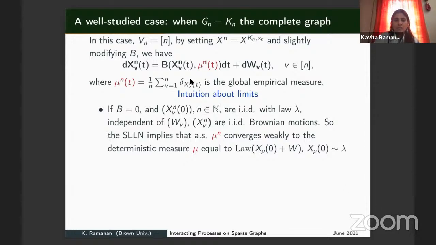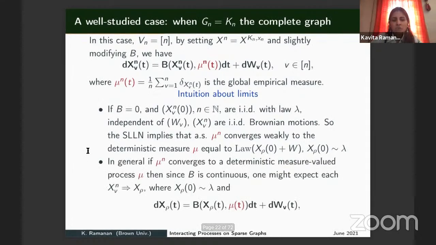So I'm just looking at this and saying, okay, this is a strong law, so it goes to the expectation, and the expectation is simply the law of any one of these, which doesn't change with n. So it's really, really simple. But the question is, what if more generally that's not true? We don't have B equals 0, but we still have mu n converging to some deterministic measure valued process mu.